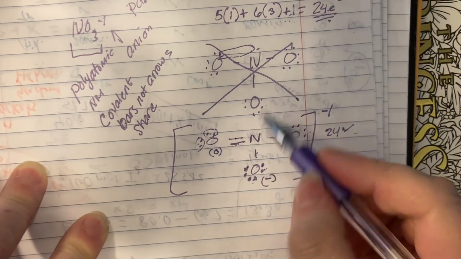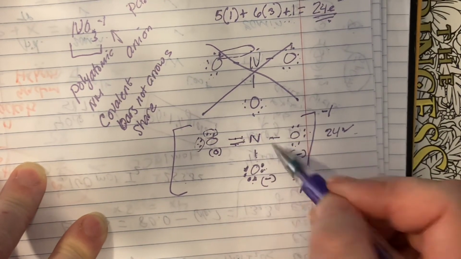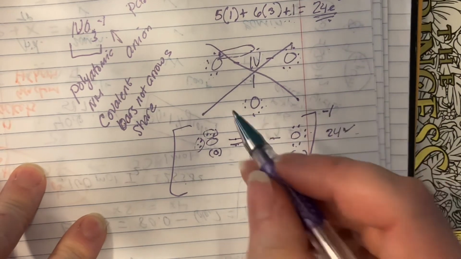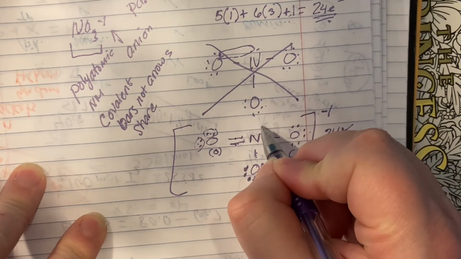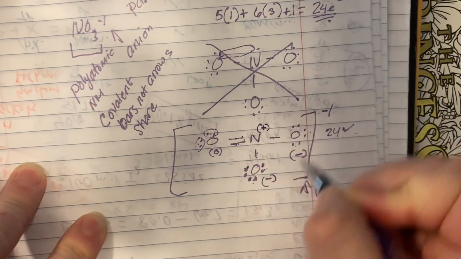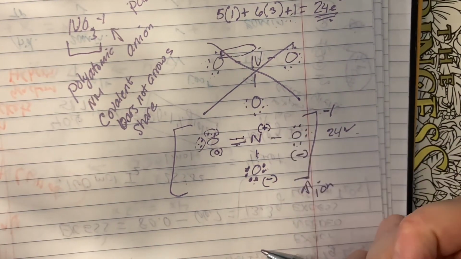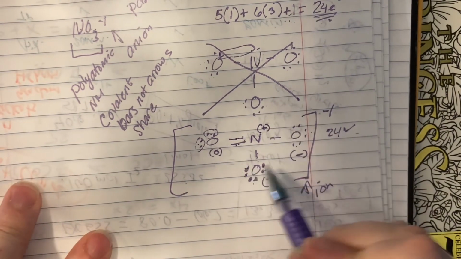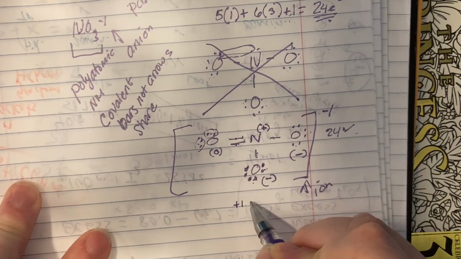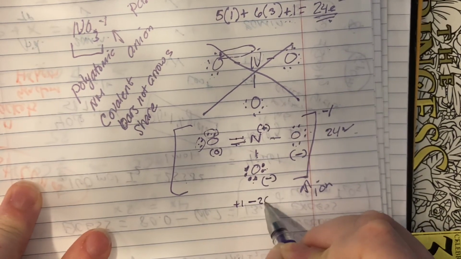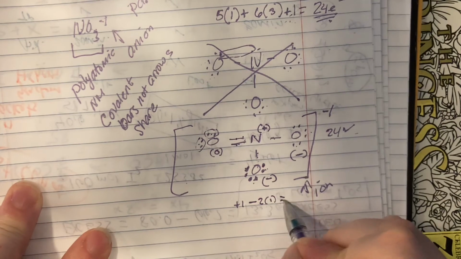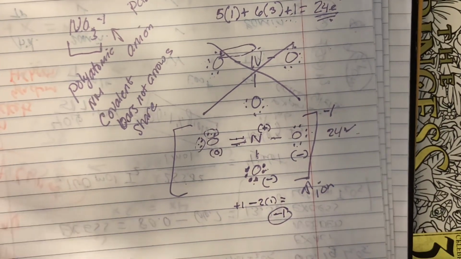That's okay. This nitrogen, 1, 2, 3, 4. Oh, it has 4. It's supposed to have 5. 5 minus 4 gives me 1 less electron, so it has a positive charge. Okay, so I have a +1 and I have 2 -1s. That's going to give me an overall charge of -1.